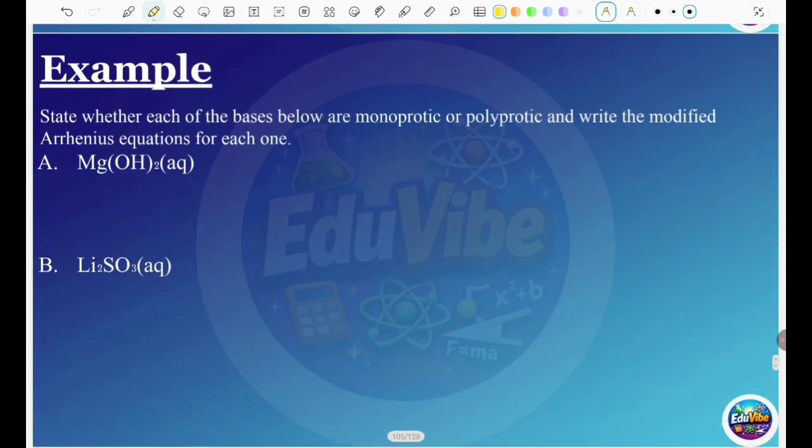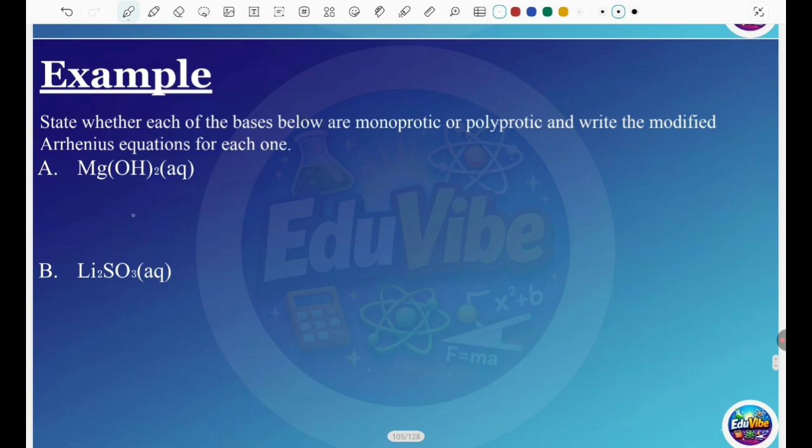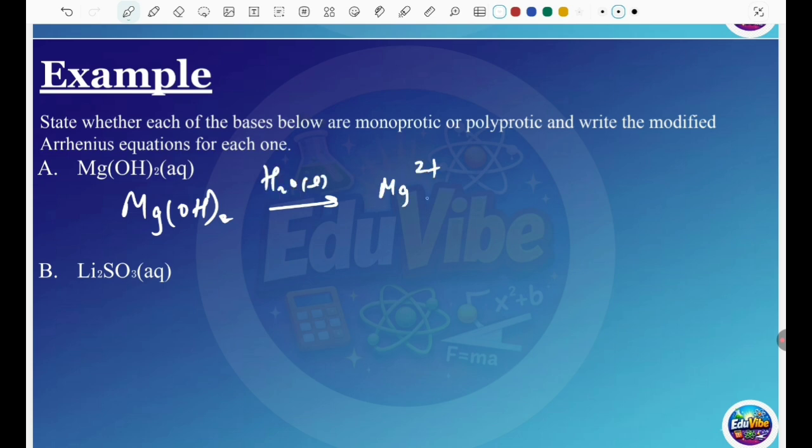How does it work? We have Mg(OH)2. In Mg(OH)2, you can directly dissociate this and you get Mg2 plus aqueous plus 2OH negative aqueous. You might say this is only one reaction, so it is monoprotic.